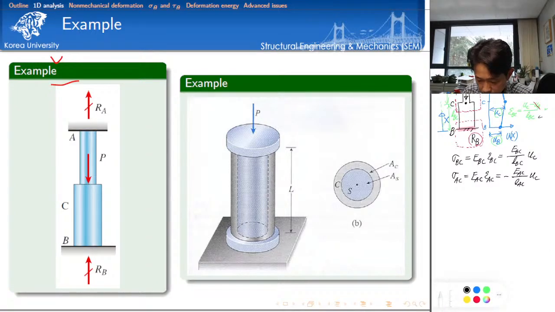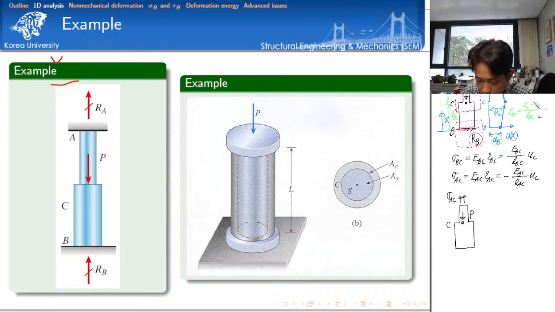If you consider this free body diagram, then I have force P at point C. And then here we have the normal stress sigma, because I'm talking about AC segment.